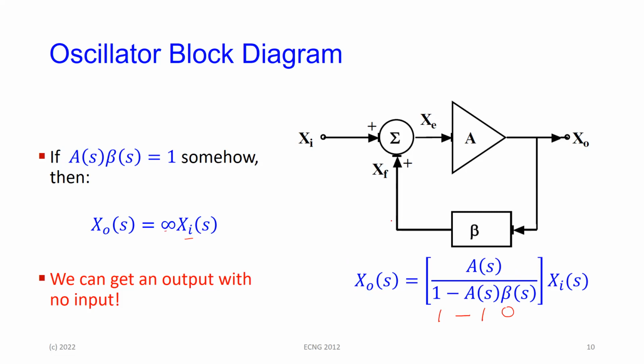In theory, what that will mean is that if A beta equals 1, the gain of this whole block is so incredibly high that I can almost get an output with no input. The littlest input, however microscopic, down to 0, theoretically, is going to give me an output.